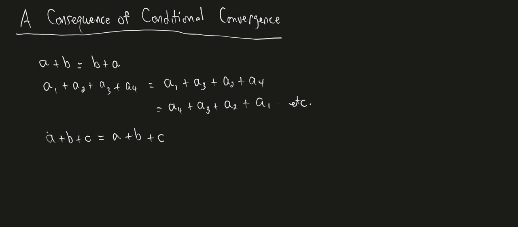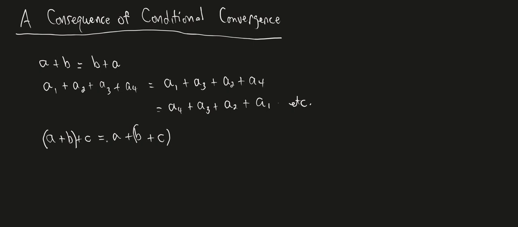In other words, someone could add a plus b first, do that addition mentally, and then whatever we get from that sum, we add it to c. Or someone maybe likes to do it this way: group the last two terms, so do b plus c, and then do a plus that result.